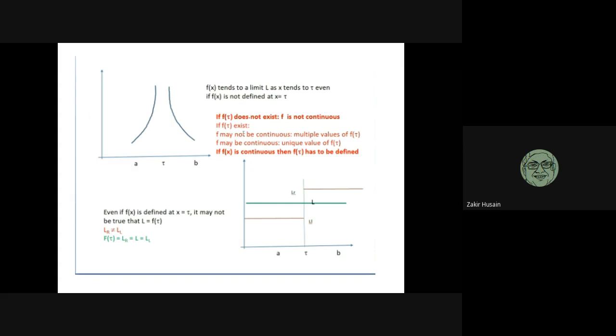So if f tau does not exist, we see that the function is not continuous at x equal to tau. If f tau exists, we can have two possibilities. We can have a possibility like this, that we have multiple values of f tau, or another possibility is like this.